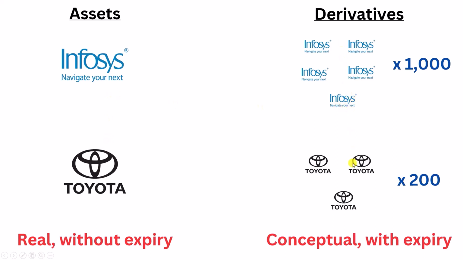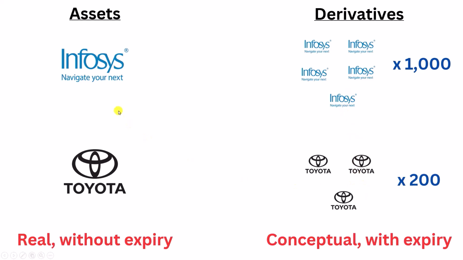Whereas the derivatives have an expiry date. It may be weekly expiry or monthly expiry. And after the expiry, the derivatives are of no use.